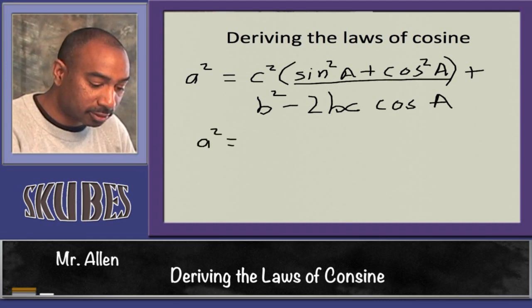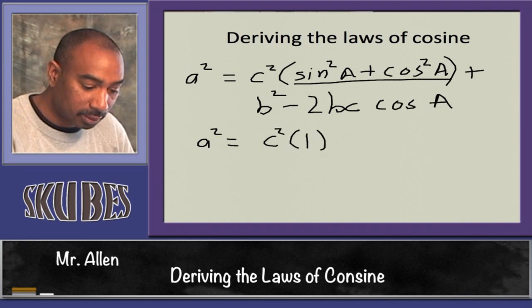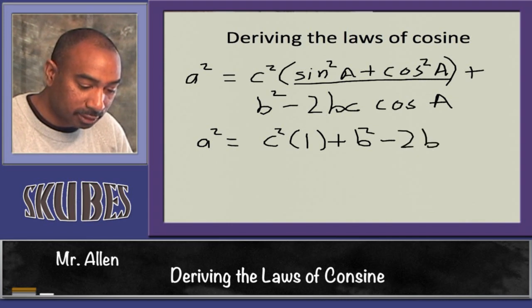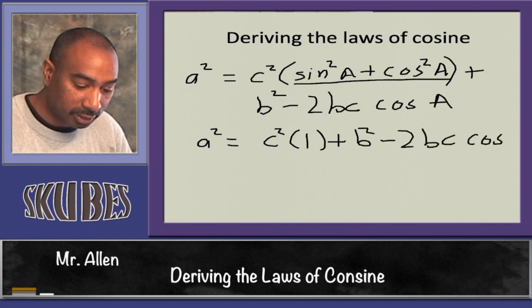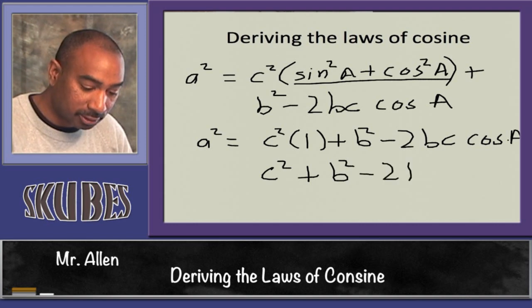So this is just 1. So you get c squared times 1 plus b squared minus 2bc cosine of A, which is simply c squared plus b squared minus 2bc cosine A.